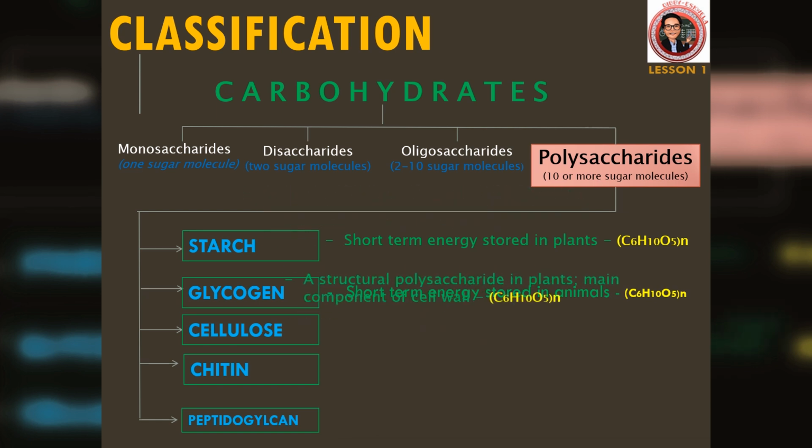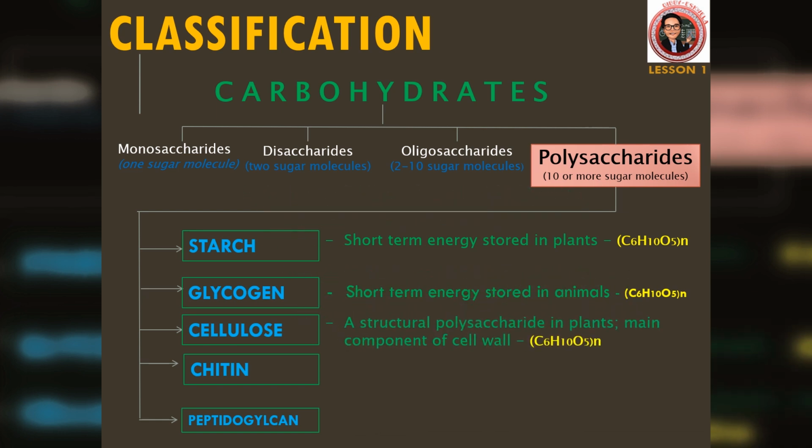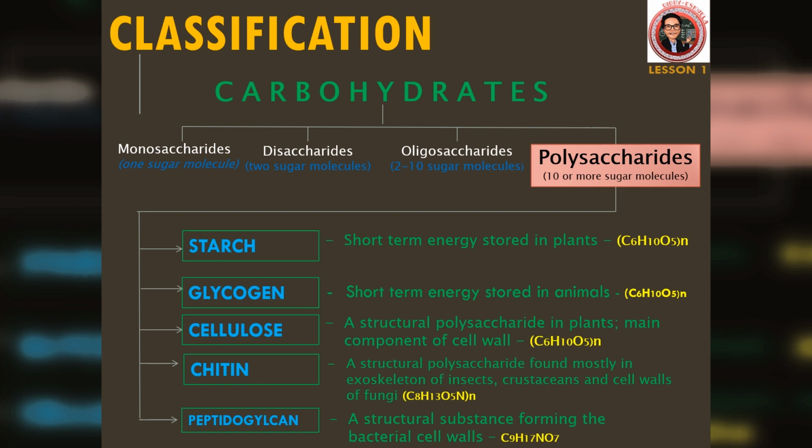On the other hand, cellulose is a structural polysaccharide in plants, and this is the main component of cell wall. Chitin is also a structural polysaccharide found mostly in exoskeleton of insects, crustaceans, and cell walls of fungi. And last is the peptidoglycan, or a structural substance forming the bacterial cell walls.